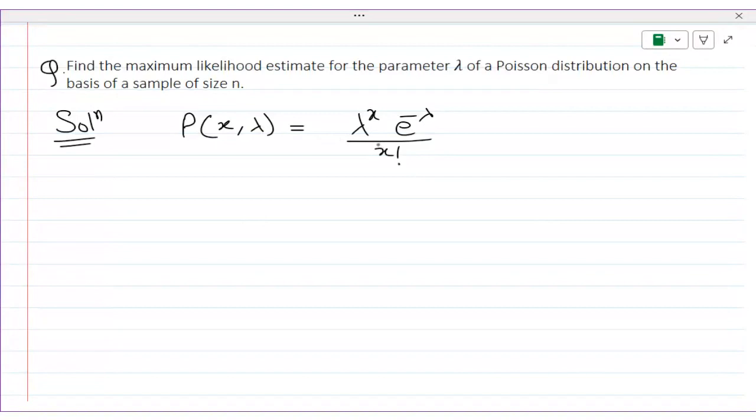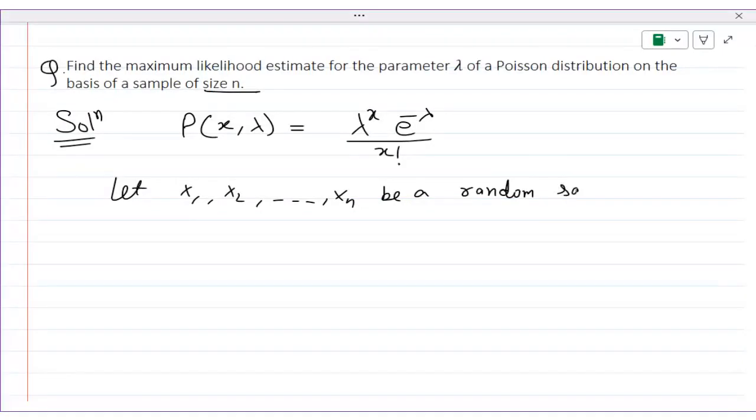There are 4-5 kinds of distributions which we have to remember. Now, they have taken a sample of size n. So let x1, x2, ..., xn be a random sample.